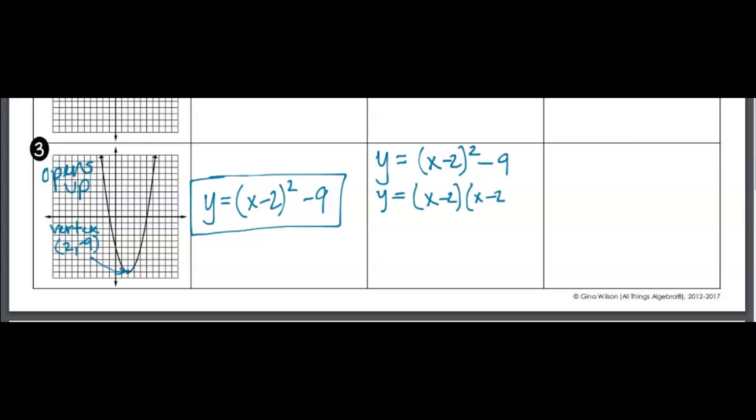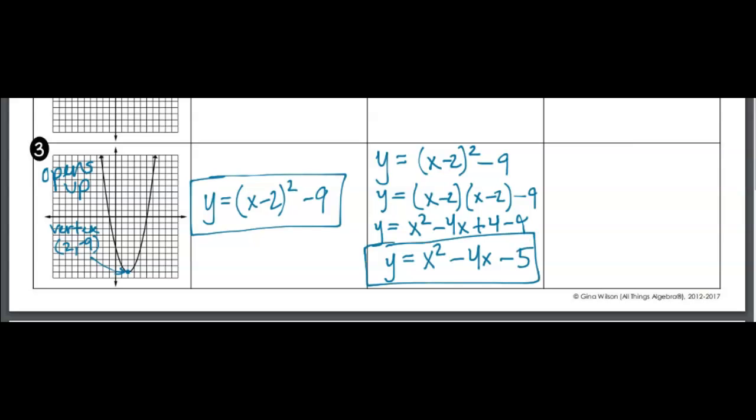You can see as we multiply that out, the standard form is going to give us a positive 4 and minus 9 as like terms, and we'll add those together, and that will give us the standard form. Notice that again, the minus 5 part of that standard form tells us the y-intercept because that's when x is equal to 0.